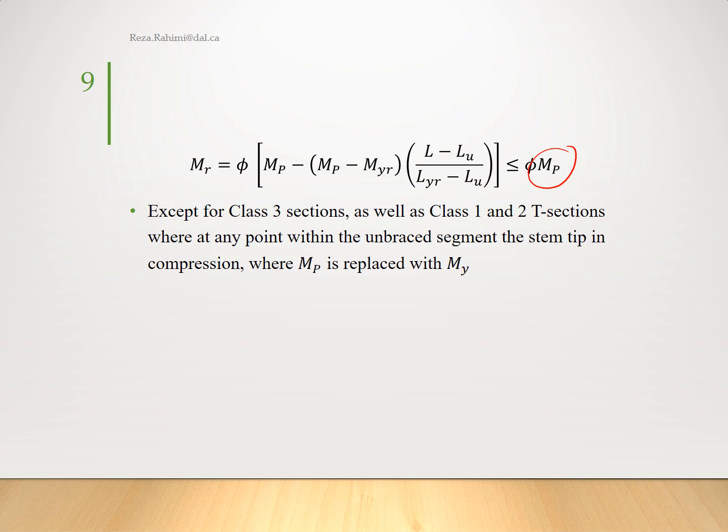So be careful that we said for class 1, 2, 3, I sections and T sections, we'll use this formula. But for class 1 and 2, it's Mp. But be careful, you have to change all the Mp to My for class 3. So actually, this is the formula for class 3.